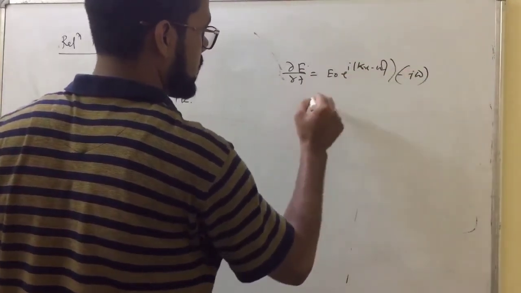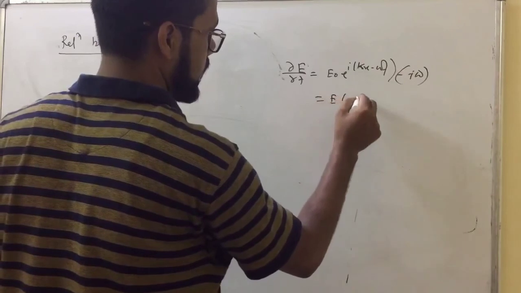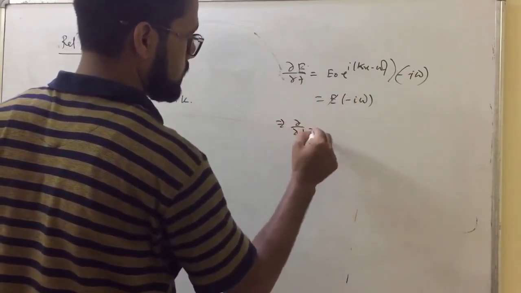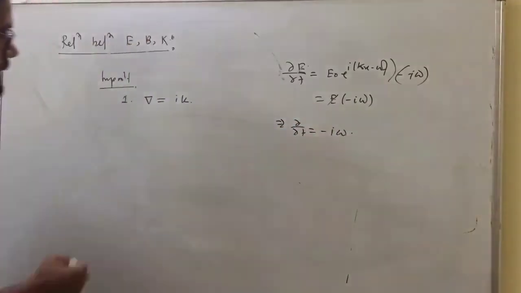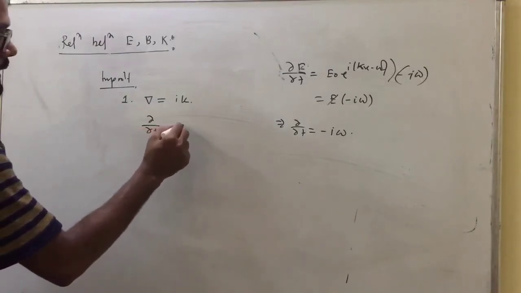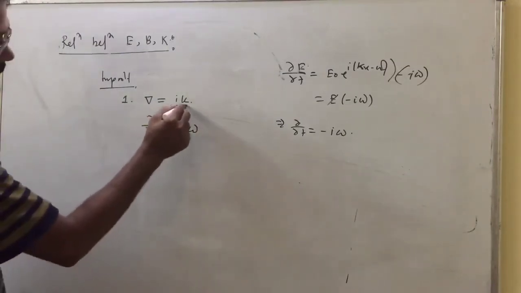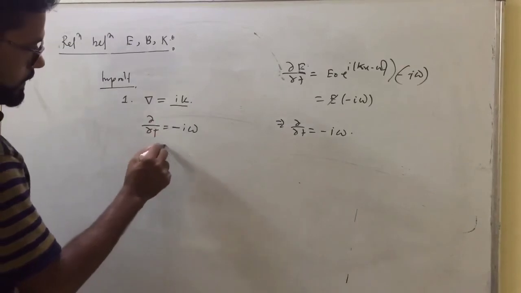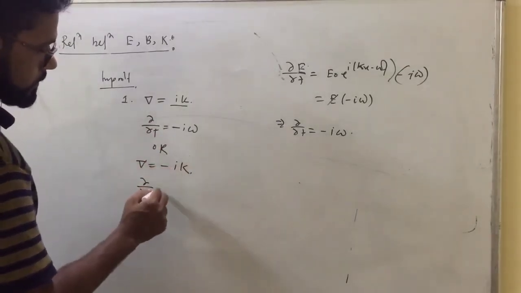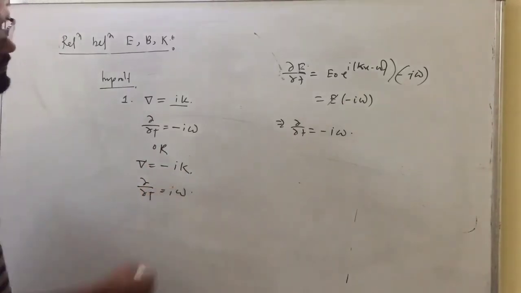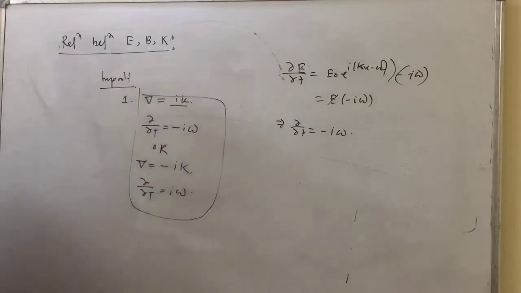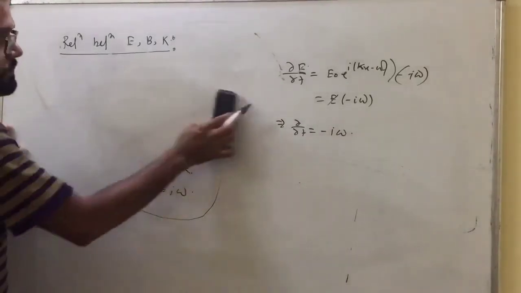So this part becomes E times minus i omega. E cancels, so del by del t equals minus i omega. So del by del t I will directly replace with minus i omega. Or if we replace with minus ik, then del by del t equals i omega. These two are really important points.